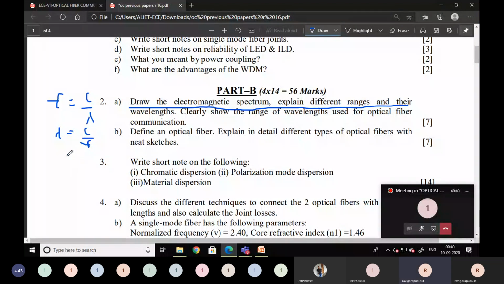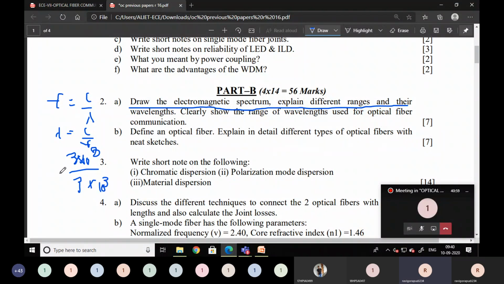C we know is 3 into 10 power 8. You can write 3 into 10 power 8 by whatever the frequency may be. For example, I am taking 3 kilohertz, 3 into 10 power 3 kilohertz.